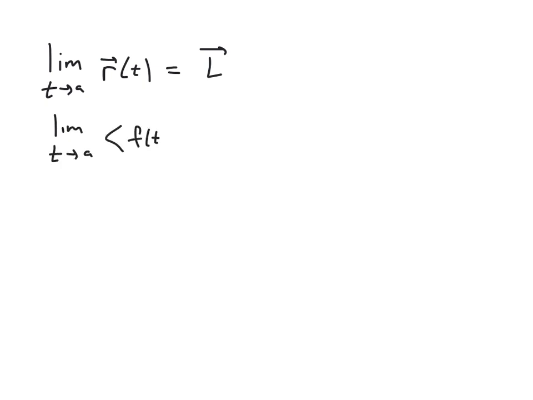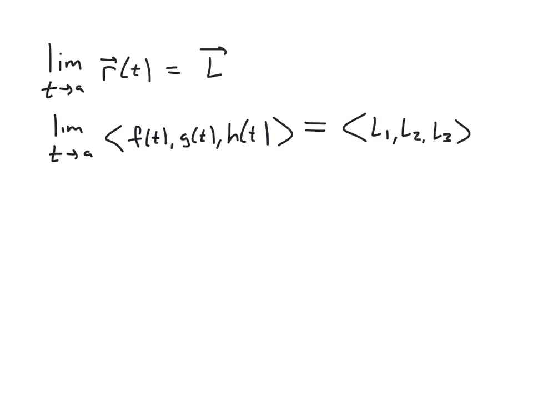If we think about what it means for the limit as t approaches a of the vector function r of t to equal L, then putting these vectors in component form, this is saying the limit as t approaches a of the vector f of t, g of t, h of t has to equal the vector L1, L2, L3.